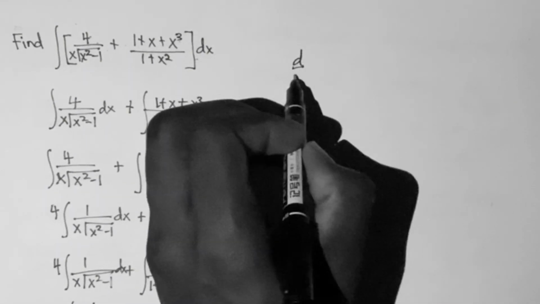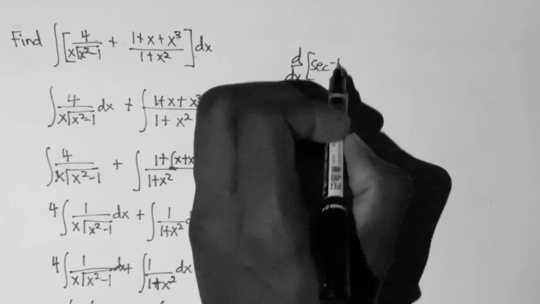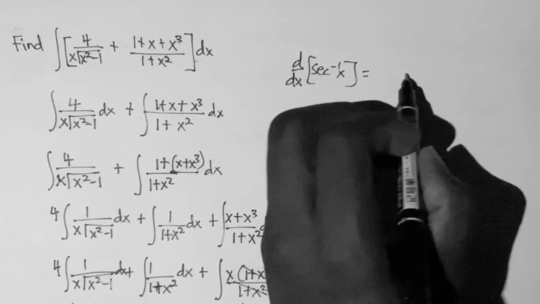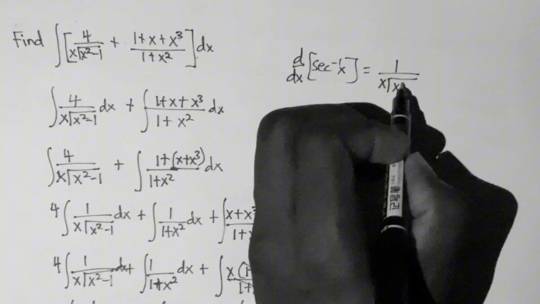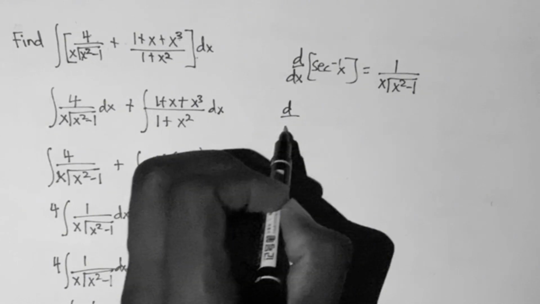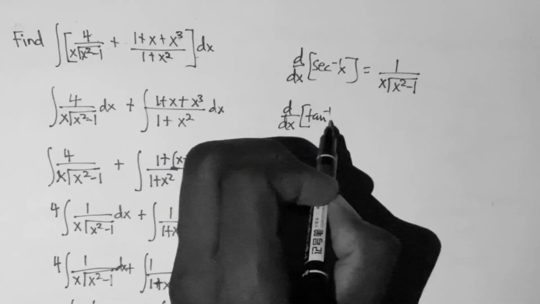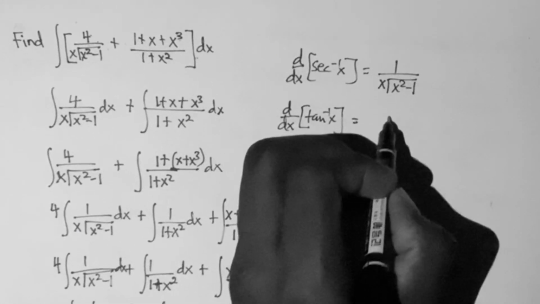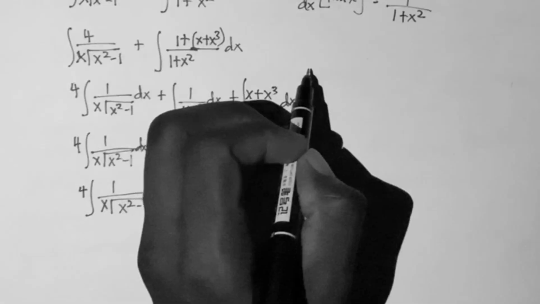If you differentiate sec inverse of x, it's equal to 1 divided by x square root of x squared minus 1. And then if you differentiate tan inverse of x, it's equal to 1 divided by 1 plus x squared.